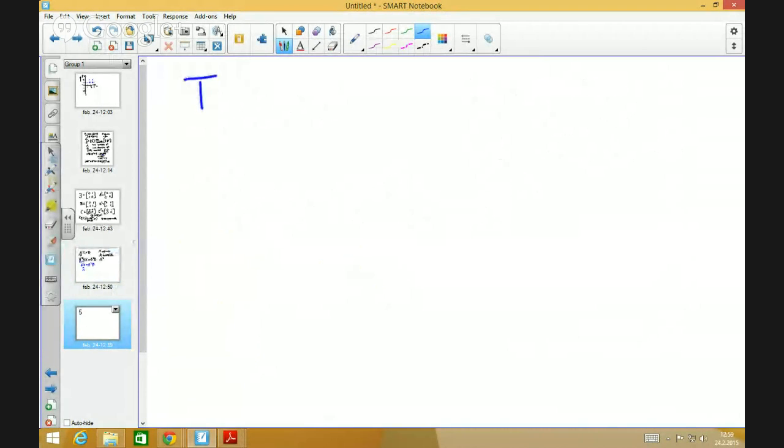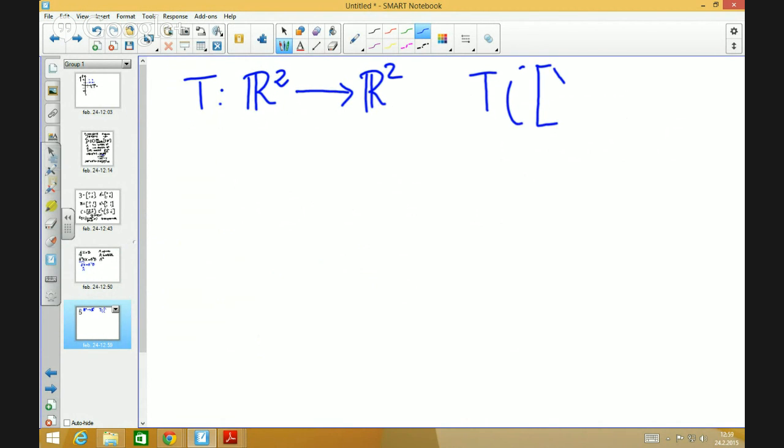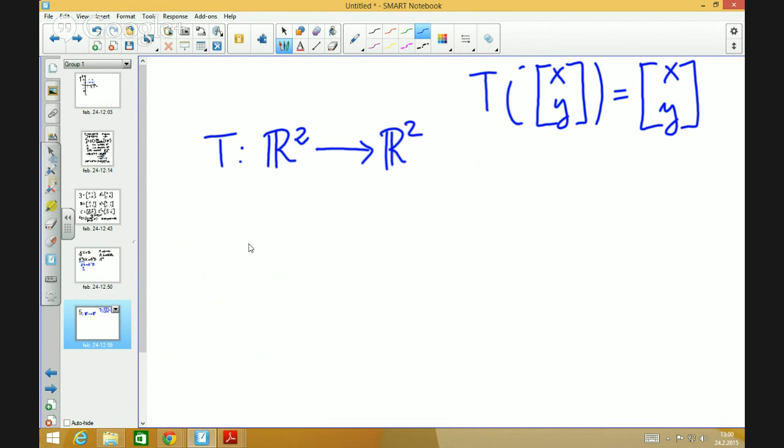So let's look at functions from pairs of real numbers to pairs of real numbers. Well, that's an example of a function. Give me a vector (x, y), I will give you (x, y). Boring, isn't it? Give me an input, I'll spit it out. That's the so-called identity function.